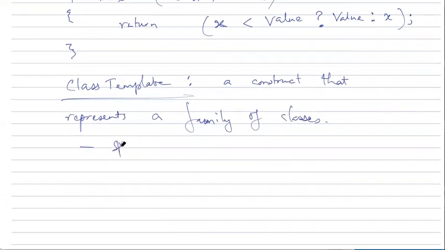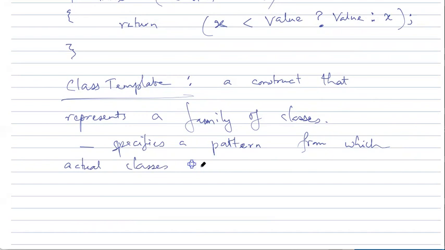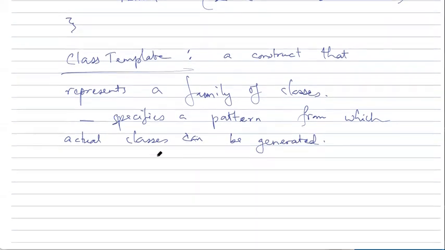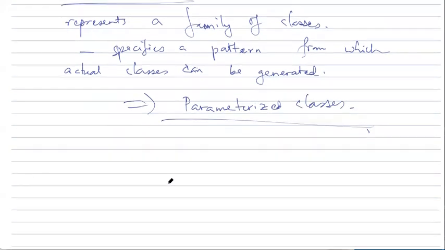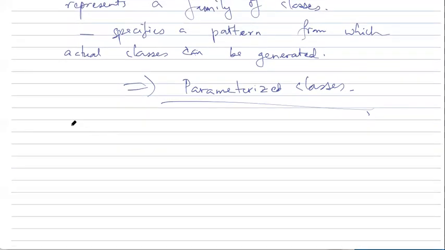So it specifies a pattern from which actual classes can be generated, and these are called parameterized classes, right? Because you're acting as a template parameter.